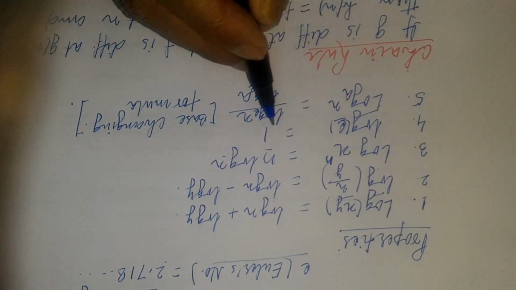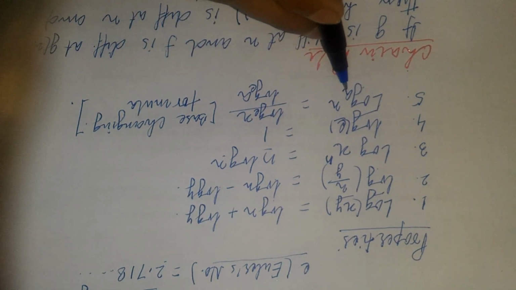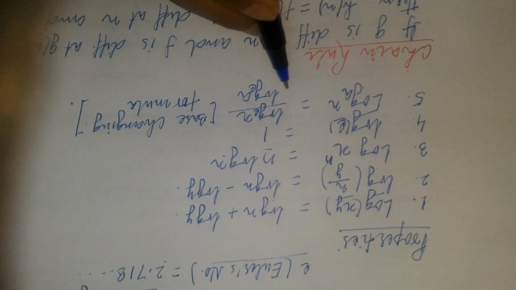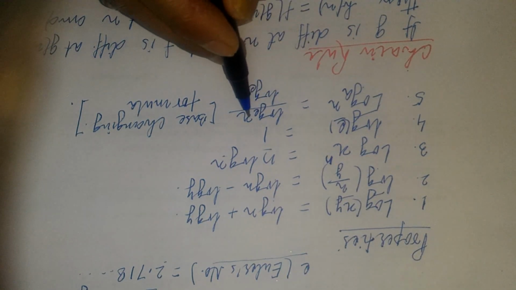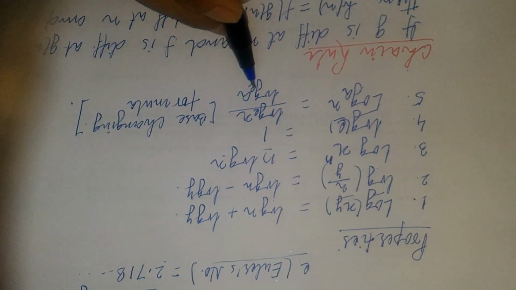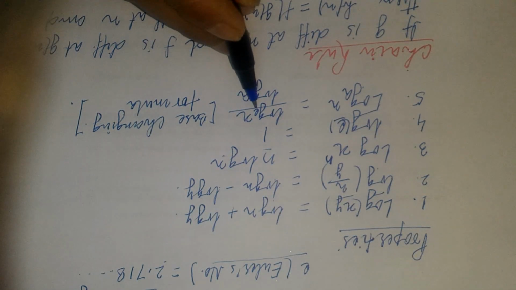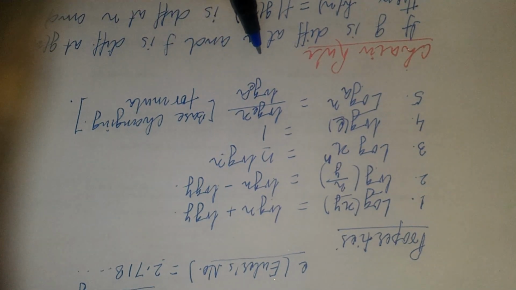So log of e is equal to 1, and log of x to the base a, we can change the base. This is called the base changing formula. We write it as log x by log a. We can change to any base as per the definition. So here we may use log of x by log of a to the base e.